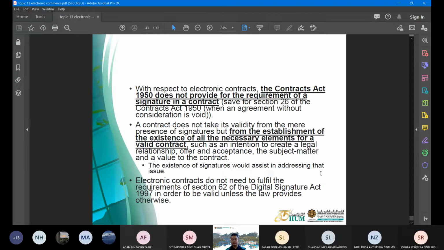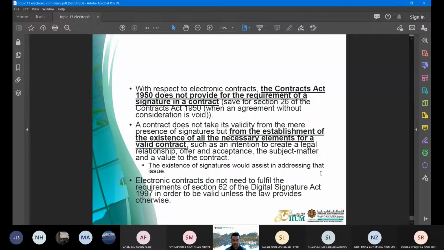But in certain kinds of businesses or industries, they require a special kind of password or a higher level of security, so they cannot just use a simple signature that anyone can make.